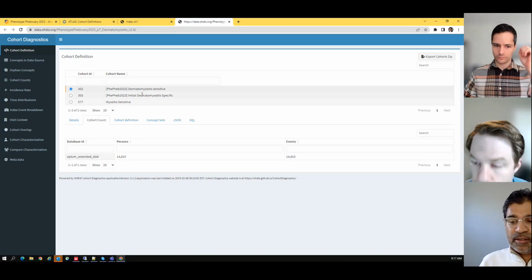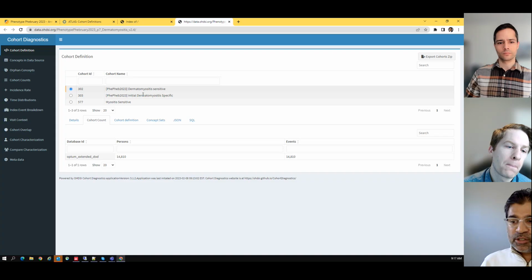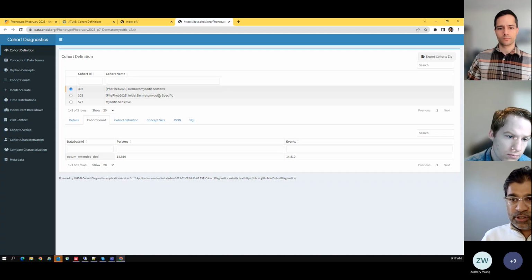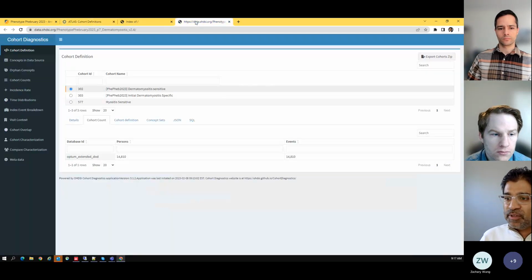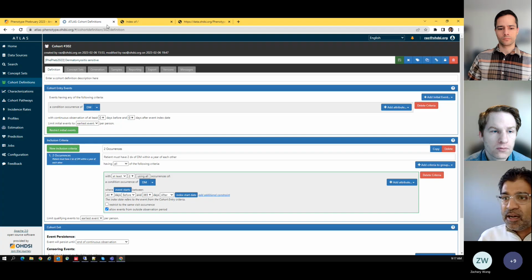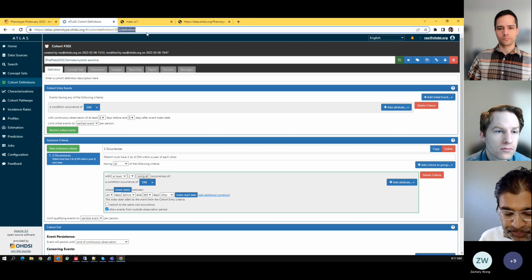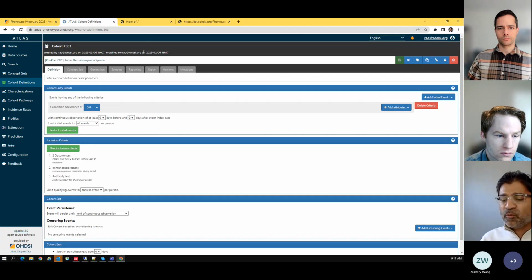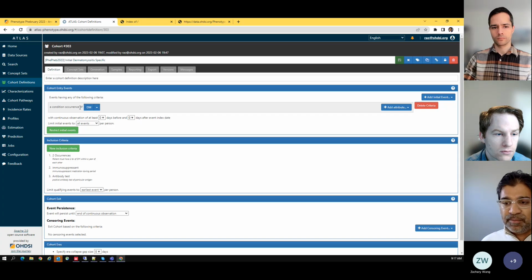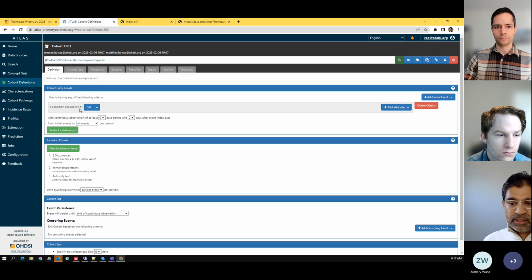The second definition that you provided was what was called a specific definition. So that specific definition, which has an ID of 303, I'm going to go to the Atlas instance to look up what that is. So it is similar to the previous definition, but with some additional modifications. So there is the same entry event criteria called dermatomyositis.